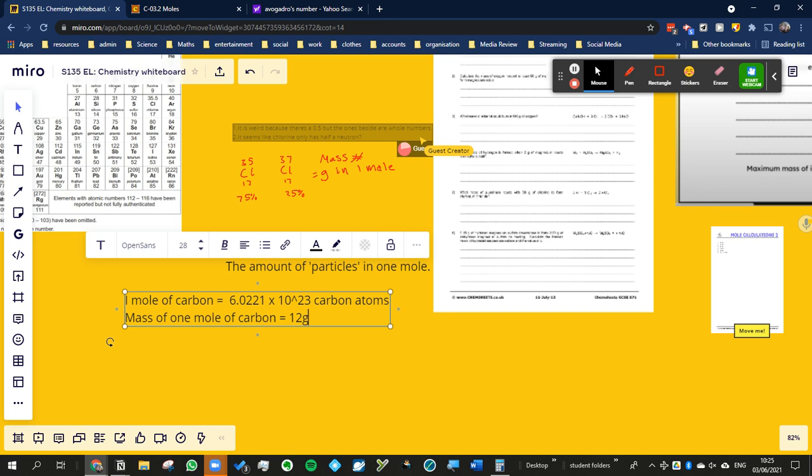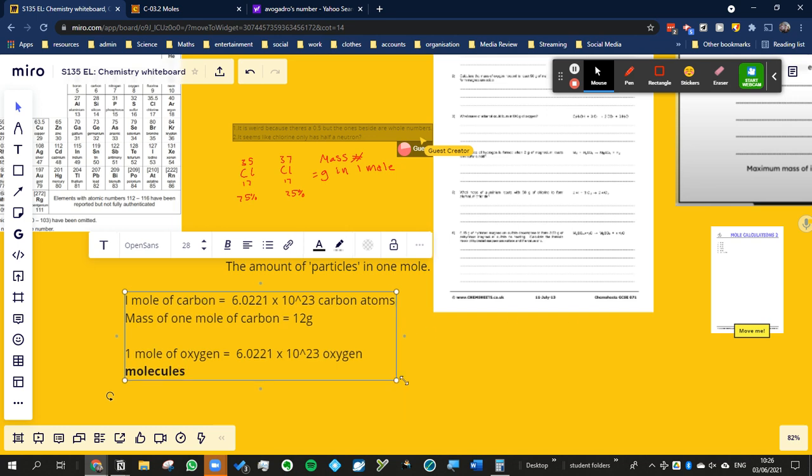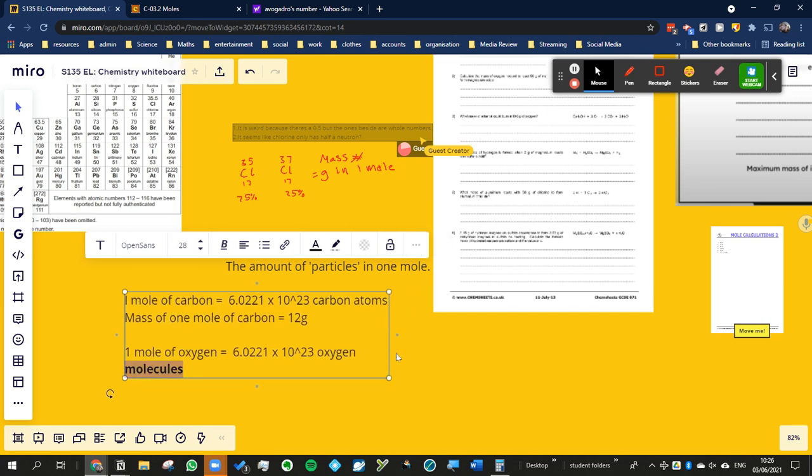Yeah. So there is one thing worth saying here, because this can definitely cause confusion later on. If I said 1 mole of oxygen is that many oxygen, but not atoms, molecules, because oxygen goes around as a molecule.